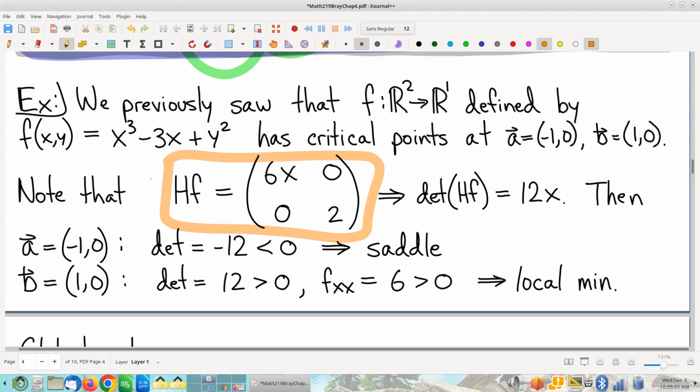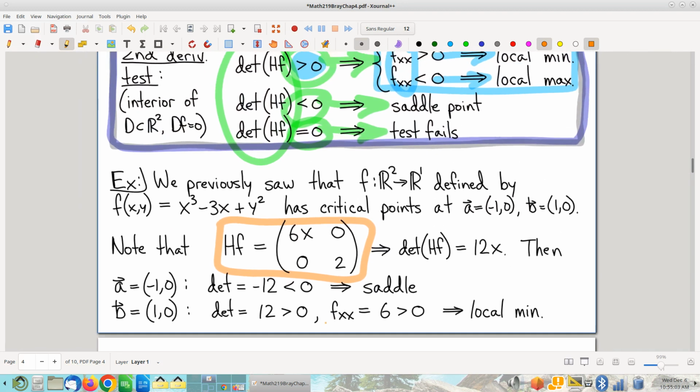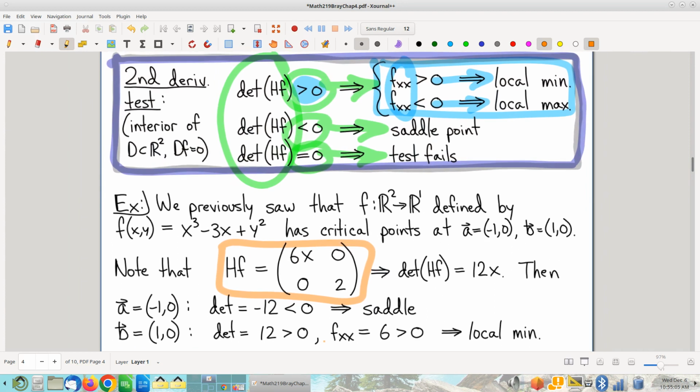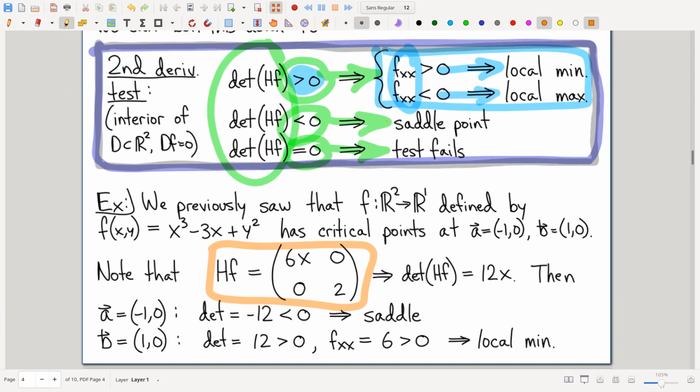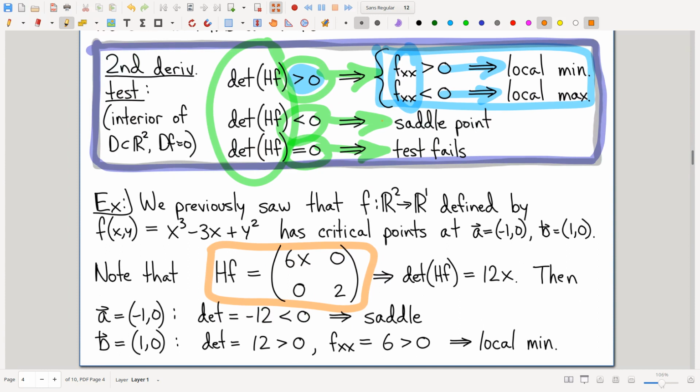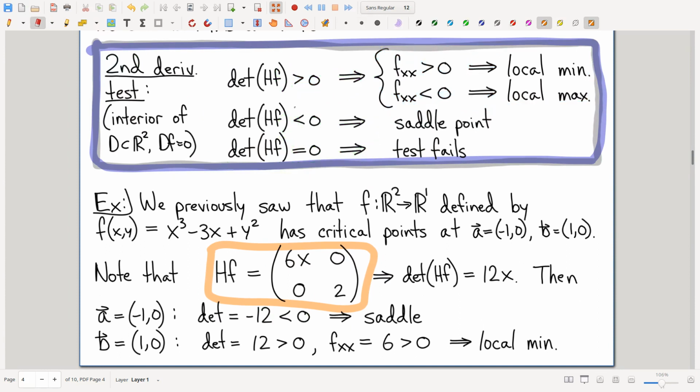Let me get all this onto the screen. Here we go. A little bit more space. So let's look at this point here, (-1, 0). At this point, I can plug in and see the determinant is negative.